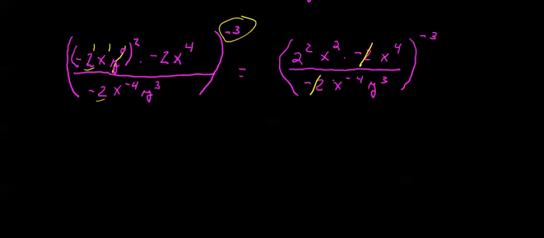All right? And I have an x to the second, x to the 4th. That's equal to, first of all, I'm going to write it as 4 now.